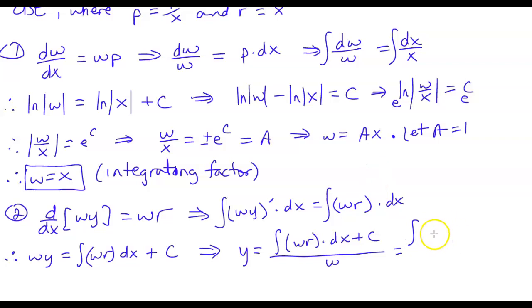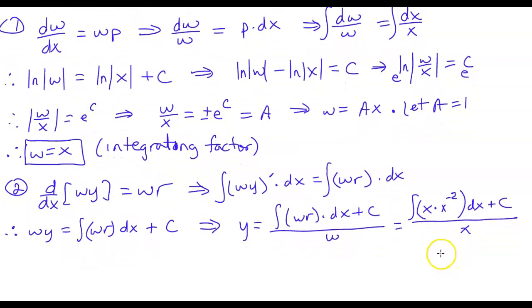And of course, our w is just x. Our r was x raised to the -2, plus the constant, and then our w once again was just x. So of course here we know that all of this is just 1 over x.